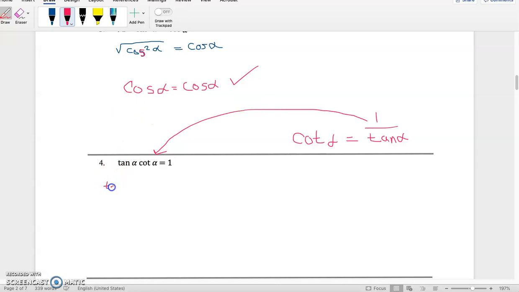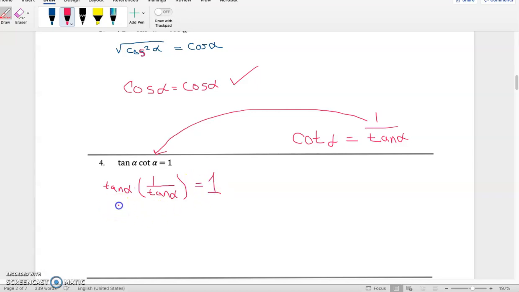I have tangent of alpha times 1 over, now I'm substituting in that identity to help me get the left side equal to the right. Well, tangent of alpha times 1 divided by tangent of alpha. Can we make it equal to 1?